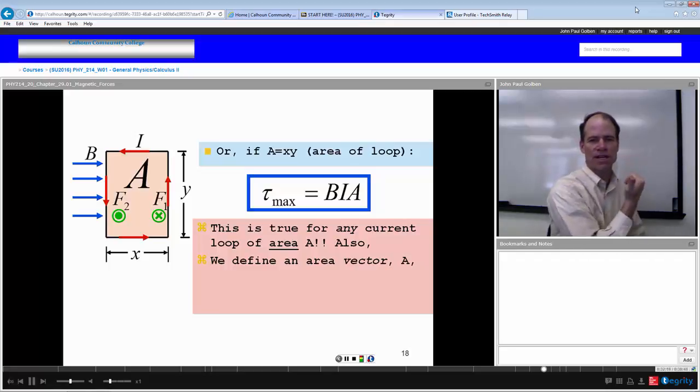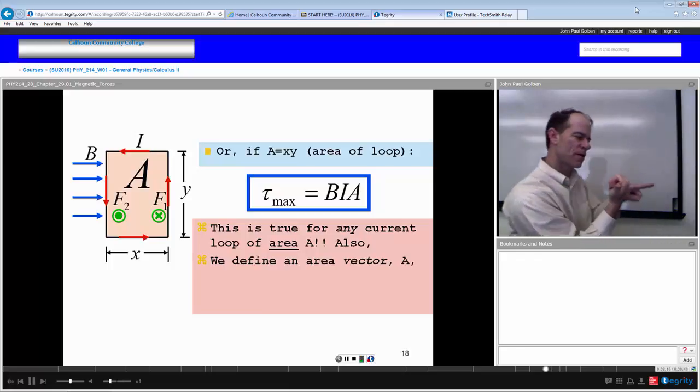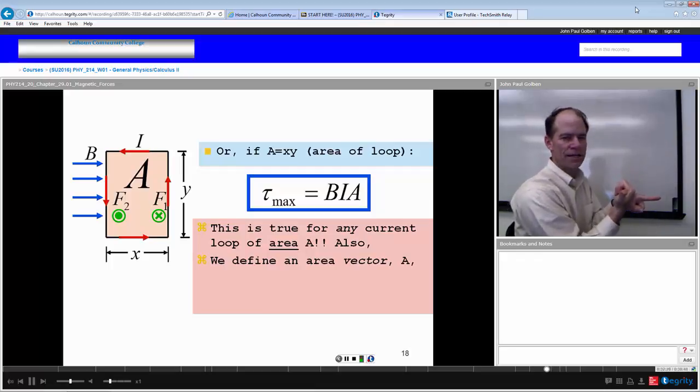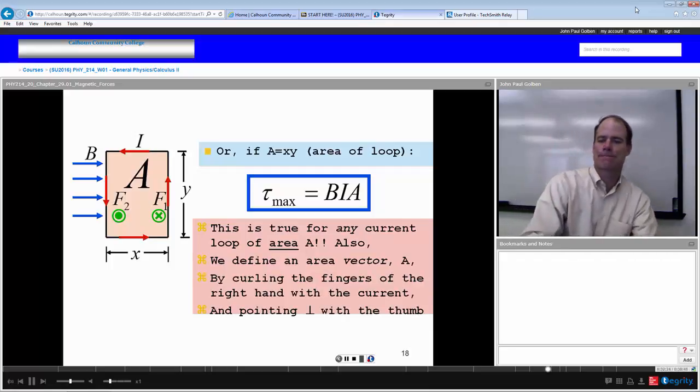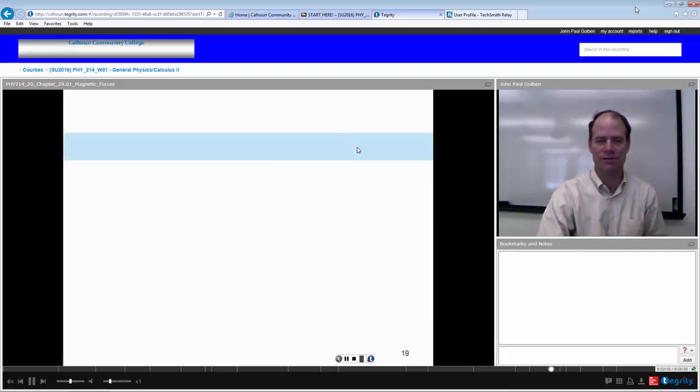So in this case, for this loop, the area vector is coming out of the page towards you, and as the field is going in the positive x direction, there's going to be a 90-degree angle between those two vectors. So curling your hand counterclockwise produces this area vector. It's one of those many right-hand rules we're going to define before we're done.